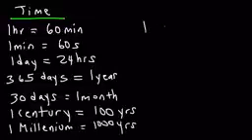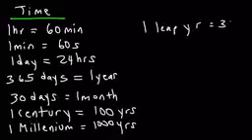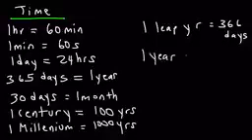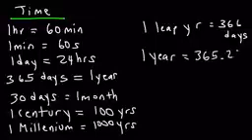Now let's go back to a leap year, which we said is 365 days, 366 days rather. Because that happens every 4 years, if you were to average that in, a typical year is more specifically 365.25 days.